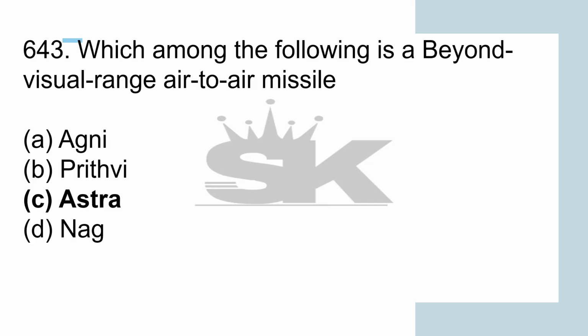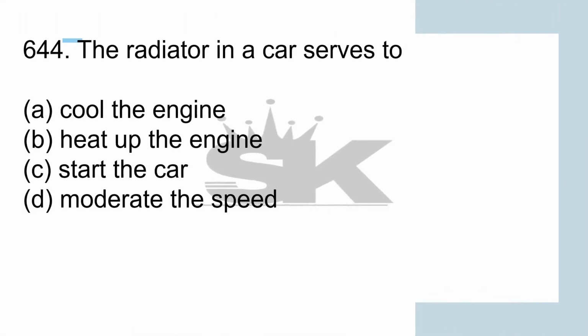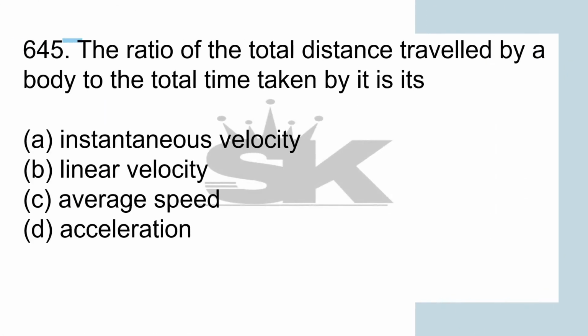Astra is an indigenously developed beyond visual range air-to-air missile. The radiator in a car serves to cool the engine. The ratio of the total distance traveled by the body to the total time taken by it is called average speed.